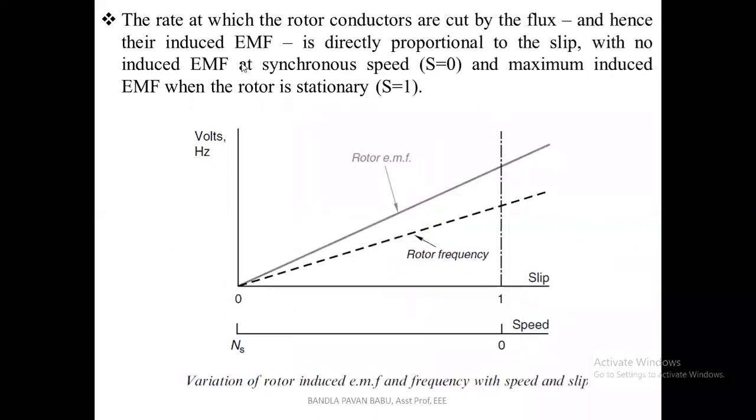Up to now we have discussed the concept of slip. Let us go into this concept in detail. The rate at which the rotor conductors are cut by the flux, and hence their induced EMF, is directly proportional to the slip. With no induced EMF at synchronous speed, that is s equal to 0, and maximum induced EMF when the rotor is stationary at s equal to 1.